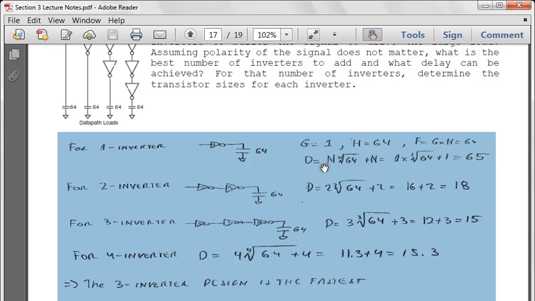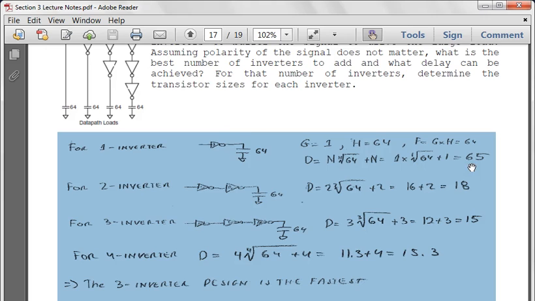We know that our delay is going to be N times F to the 1 over N. So it's just 64 to the first power times 1, plus the parasitic delay of the inverter, which is also 1. So that just becomes 1 times 64 plus 1, which is 65. So that becomes our delay.